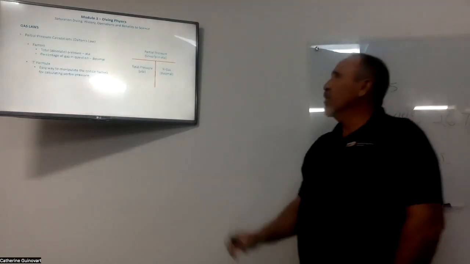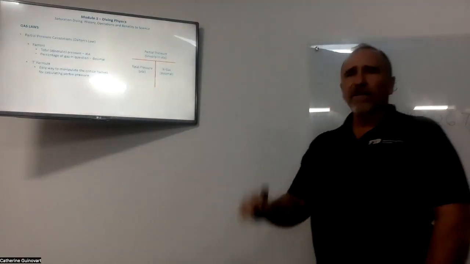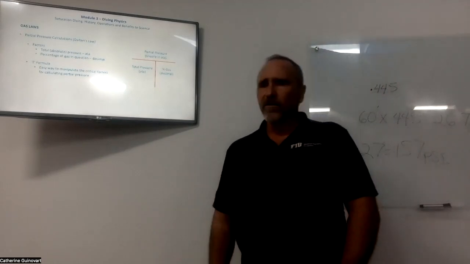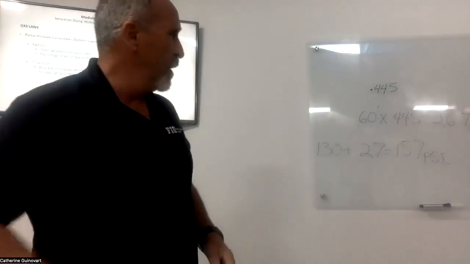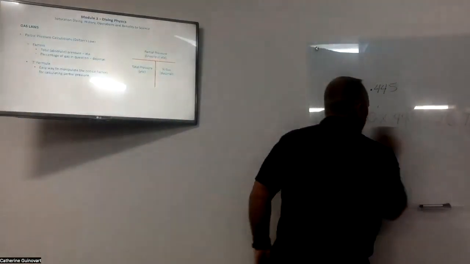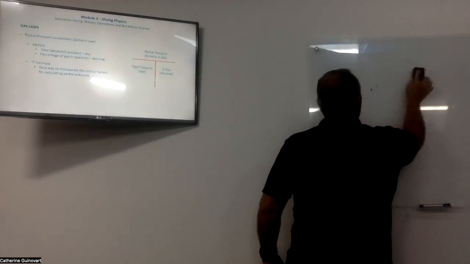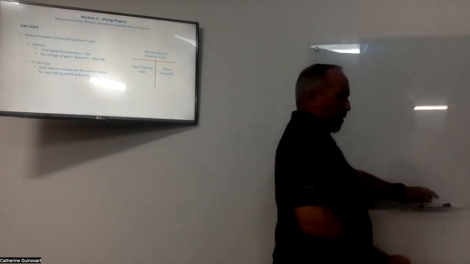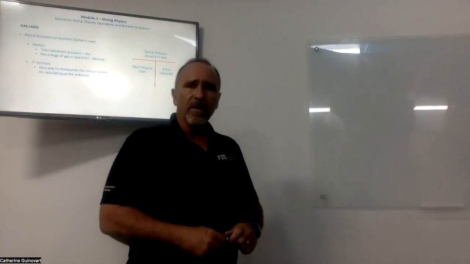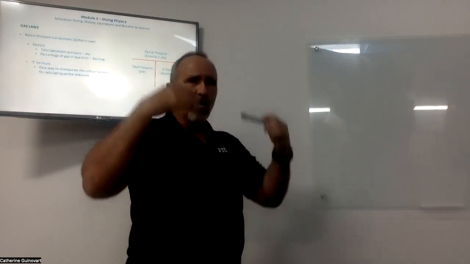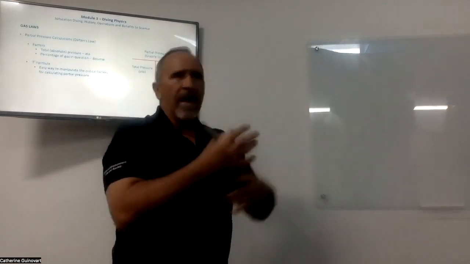Okay, real quick, the T formula. The T formula is awesome. You may already know about it. Let me go ahead and erase this real quick. The T formula is very helpful because it can kind of help you do the more common formulas in diving really quick without necessarily having to look things up sometimes.